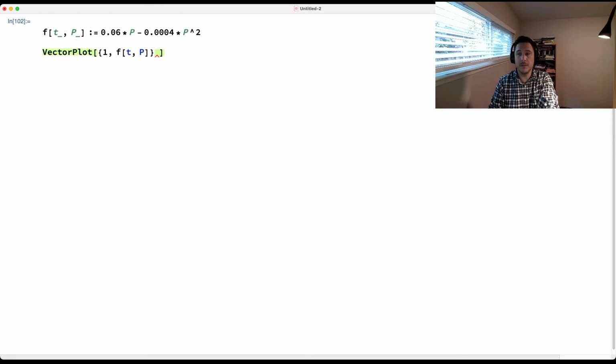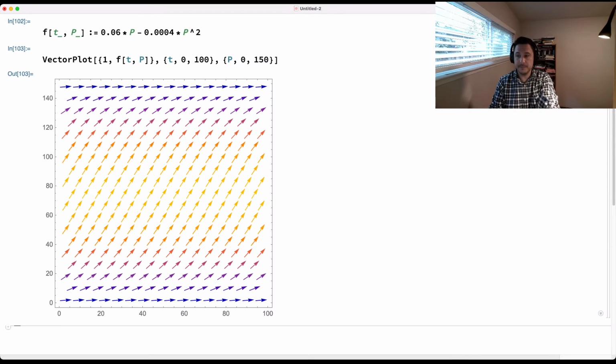So it's always going to be 1, comma, whatever your derivative is. And then comma, you're going to tell it the independent variable. In this case, the independent variable is t. Let's have time go from 0 to 100. And then you give it the dependent variable, which in this case is p. Let's have the population go from 0 to 150, because the maximum population is 150.